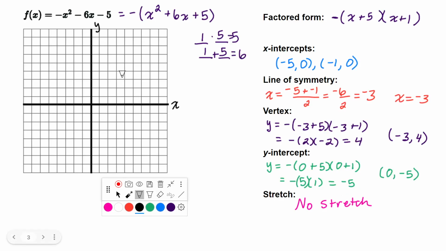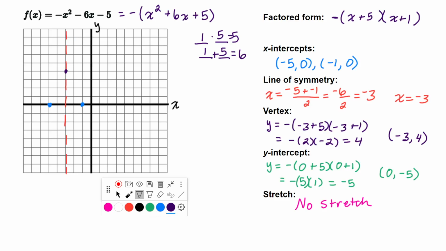So let's graph this. We have intercepts at -5, 0, -1, 0. We have a line of symmetry at x equals -3. The vertex is on that line of symmetry up 4 units.